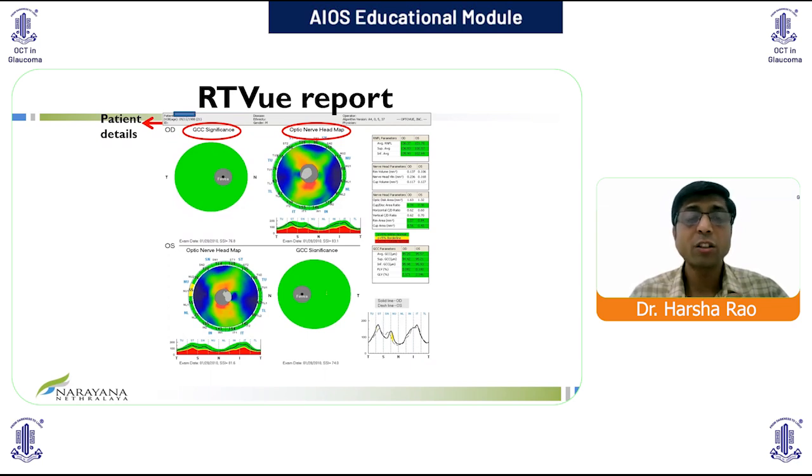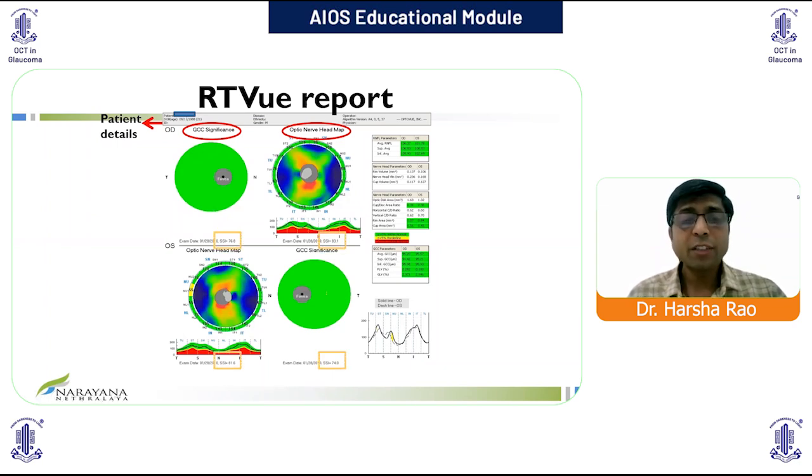GCC stands for ganglion cell complex, which is in fact the inner three retinal layers. Unlike the Cirrus OCT, which evaluates the inner two layers, RTVue evaluates the inner three layers together, called the ganglion cell complex. And there's a significance map here, which means that the GCC thickness in the macular region is compared with an age-matched normative database, and color coding is already given.